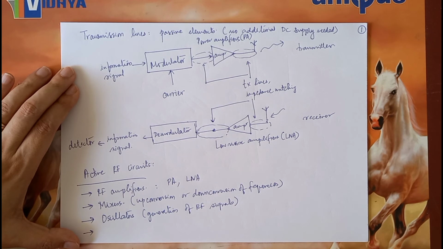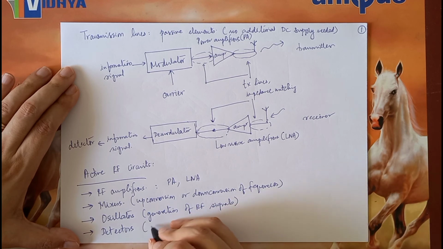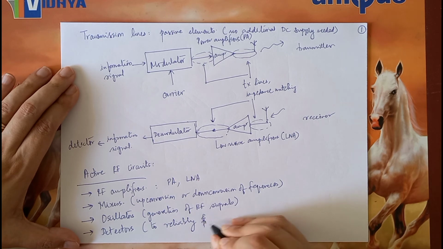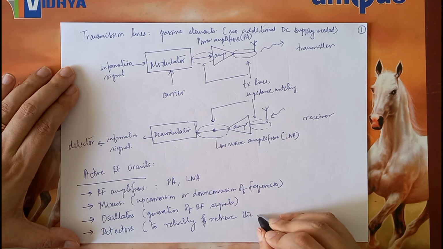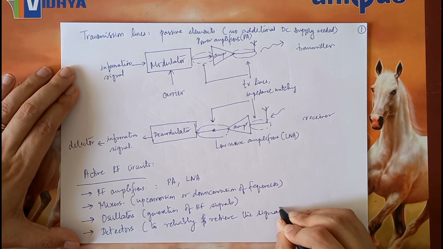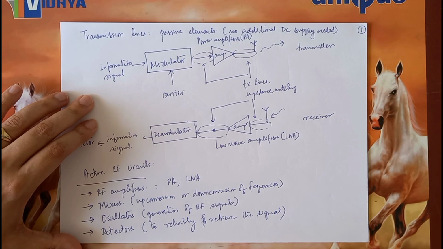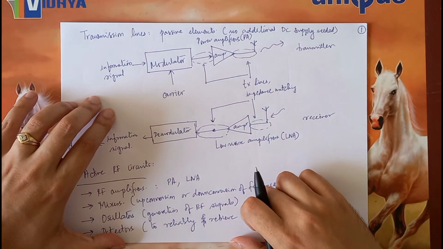Power detectors, for example. So detectors are also active networks. These are some of the examples of RF circuits which are active in nature, and therefore at least the basic idea behind these needs to be looked at.